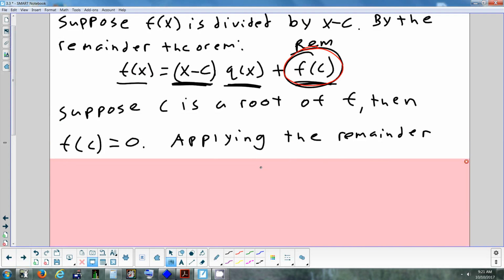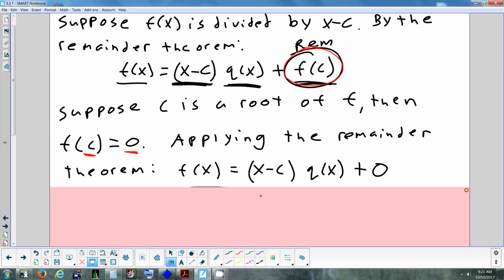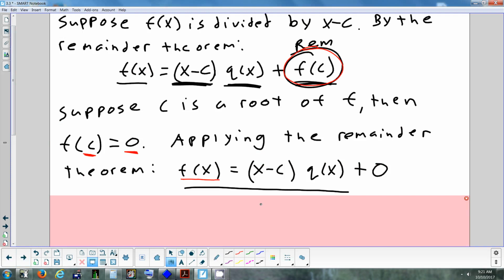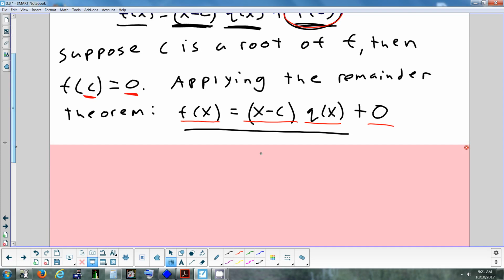So if that number happened to be a root, then the answer would come out to 0. So now your formula turns into this. Your numerator equals your divisor times your quotient plus your remainder. But if you do it with a root, your remainder is always 0. We've already kind of mentioned that idea. I'm just trying to tie it together one more time.